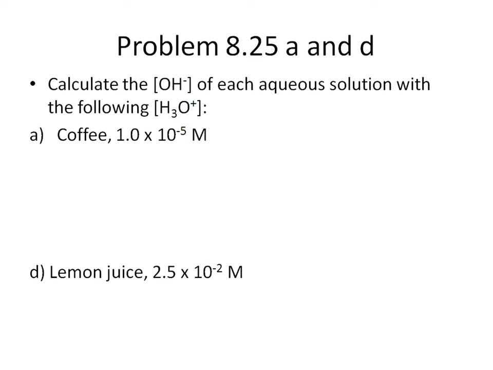Hey everyone, welcome to problem 8.25, A and D from chapter 8, section 3, the ionization of water. For these problems, you just want to be sure that you know the ion product constant of water, and that is given the symbol Kw.